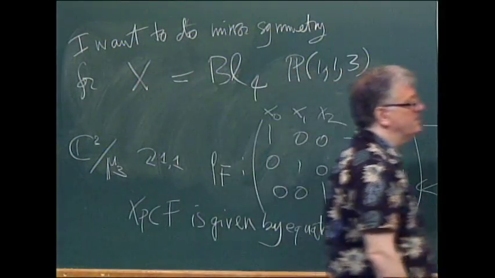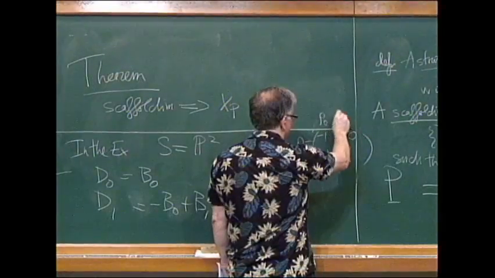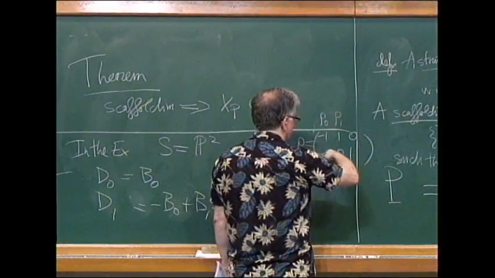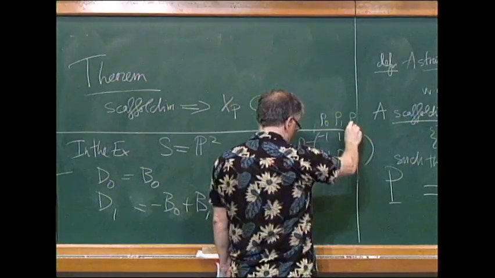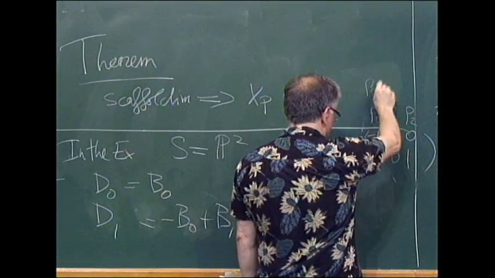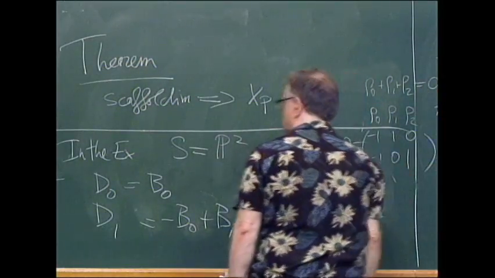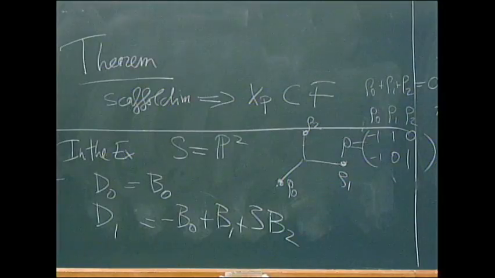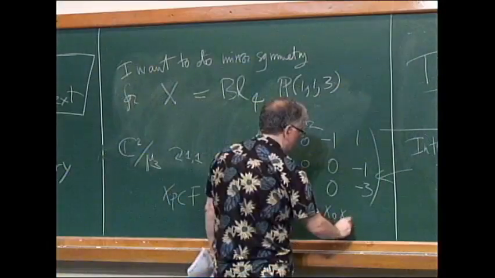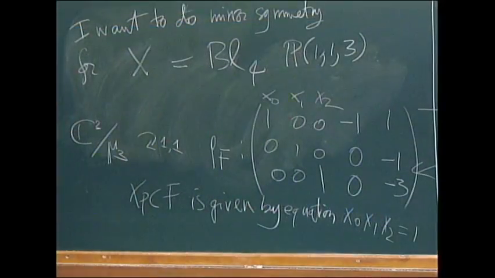The equation corresponds to the fact that in this row, I have a relation rho naught plus rho 1 plus rho 2 equal 0. And that tells me how to make the equation of X in these coordinates in this affine piece, and that's x0 x1 x2 equal 1. It's just as simple as that.